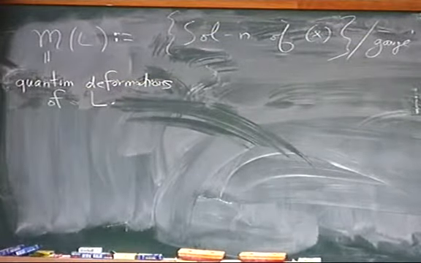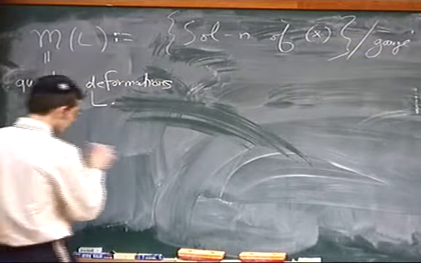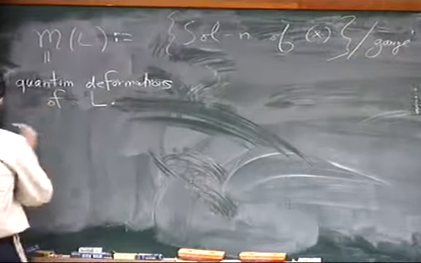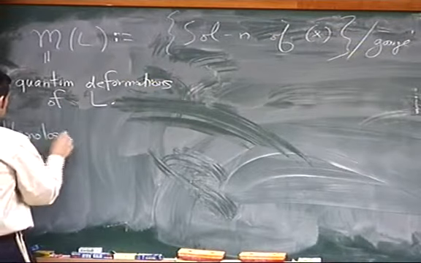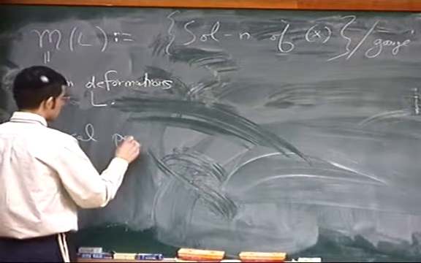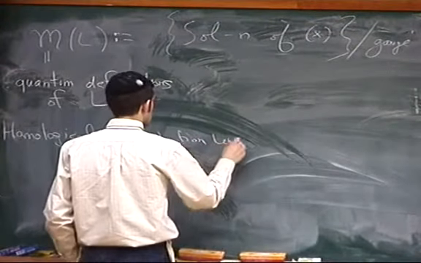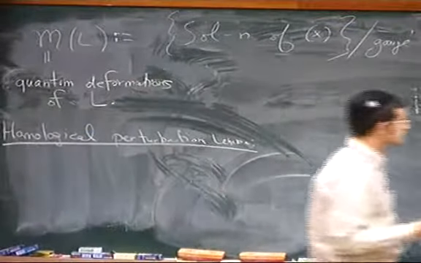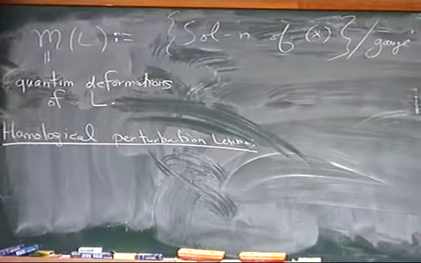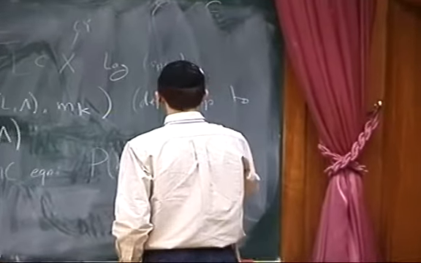Another thing is that homological perturbation theory essentially says that this infinity algebra is only really defined up to infinity homotopy equivalence.